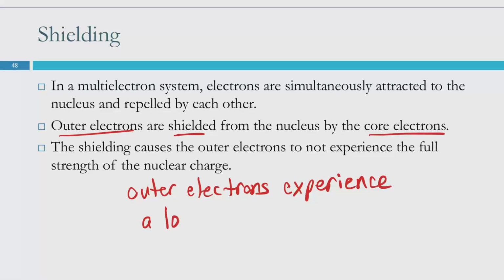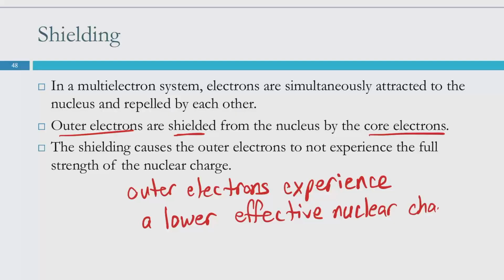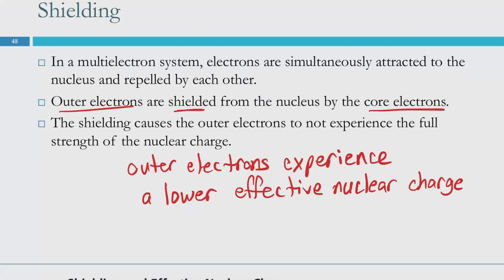So our outer electrons experience a lower effective nuclear charge. They don't get the full force of the nucleus because there's electrons in the inner shells that protect the nucleus.